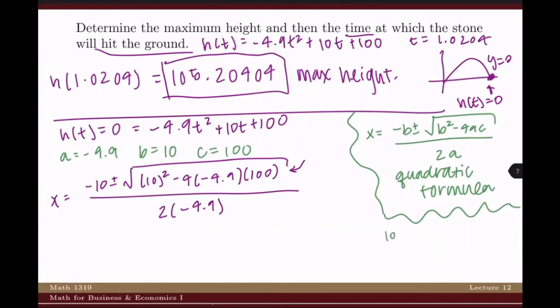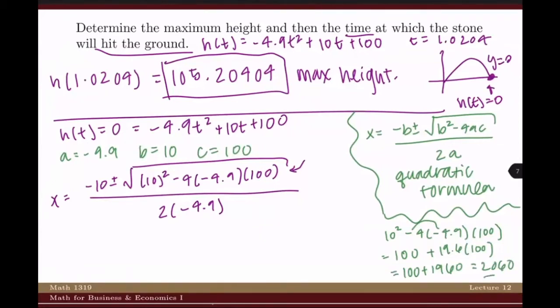So 10 squared minus 4 times negative 4.9 times 100 is going to be 100 plus, because we have this negative times a negative, 19.6 times 100, which is going to be 100 plus 1960, which is equal to 2060.